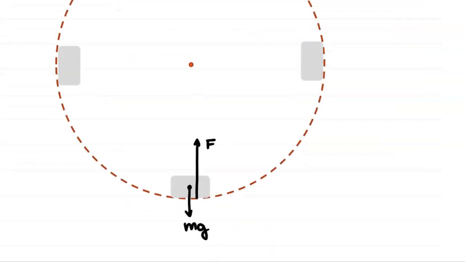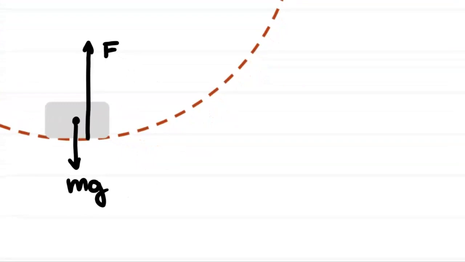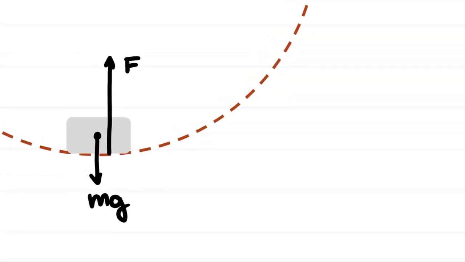So let's pause for a moment and go back to looking at the bottom position, and look at the forces acting here and write an equation for them. We want to sum the forces, and remember I said the direction of acceleration is a good direction to make positive, and because that's towards the center of the circle, we're going to point in that direction.